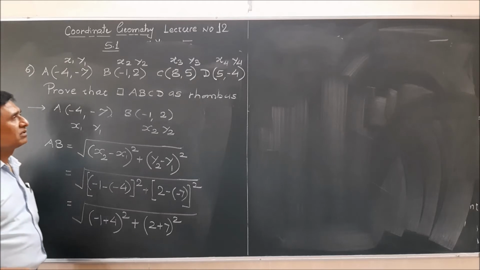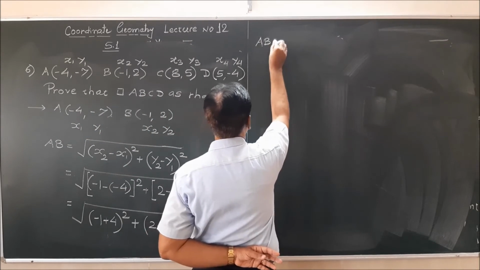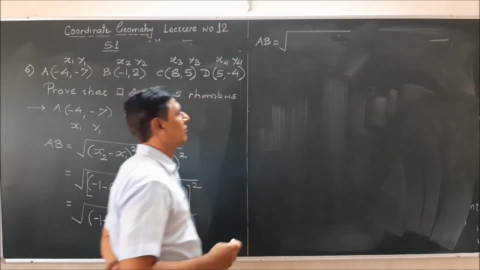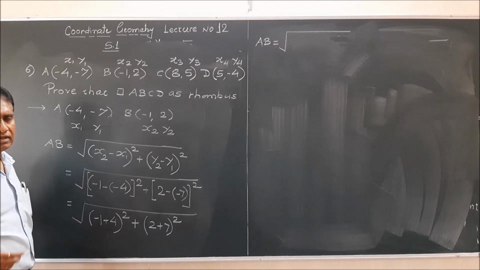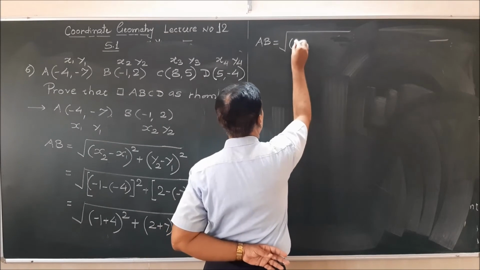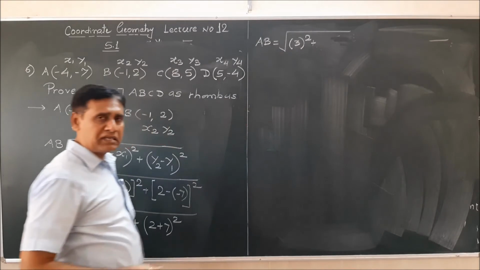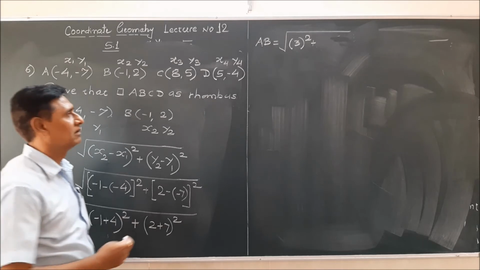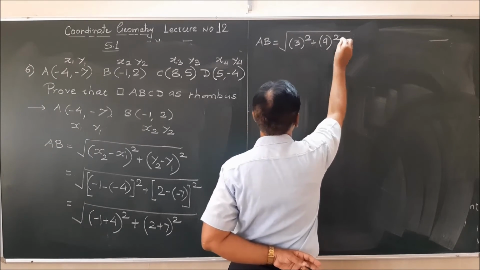So next thing, the value of AB is equal to 4 minus 1, very simple, it is 3 square, plus 7 plus 2 is 9, the whole square.